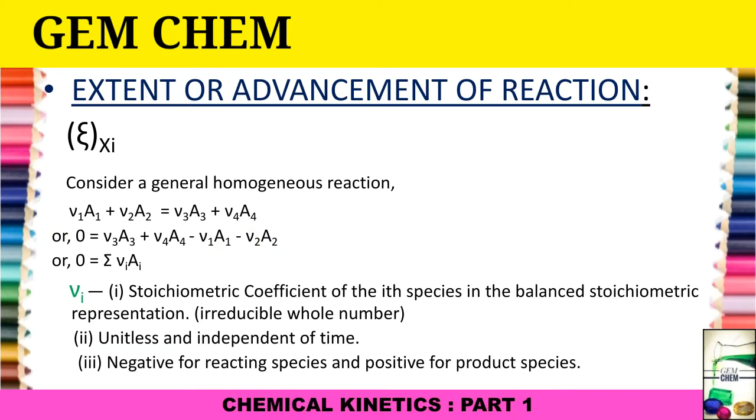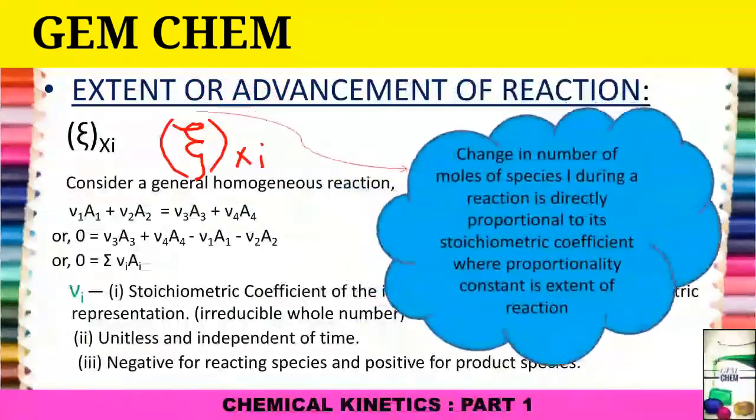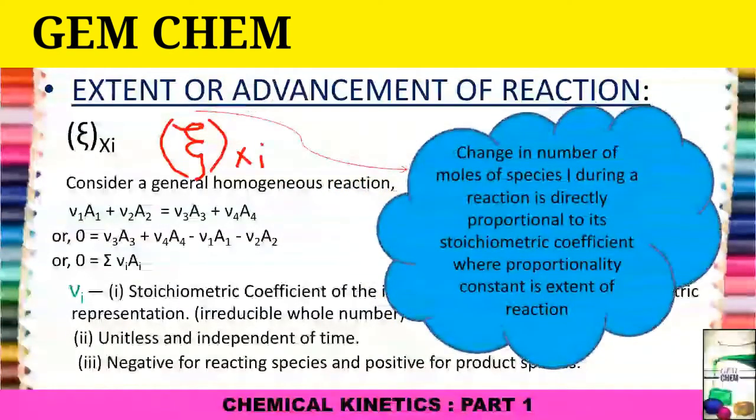Now what is extent or advancement of reaction is very important to understand regarding this. It is represented by this symbol, xi, which while writing we write like this, and this extent of reaction is actually a proportionality constant.